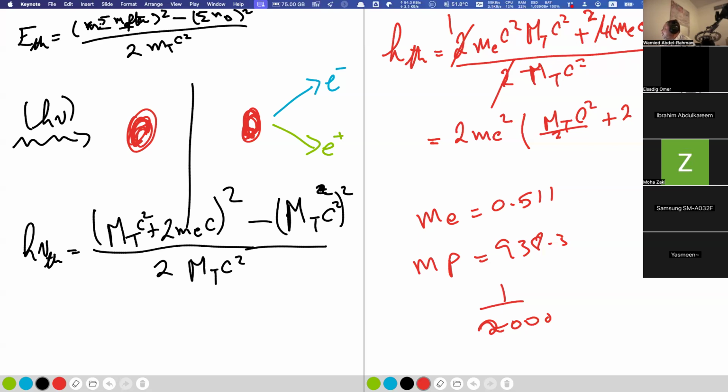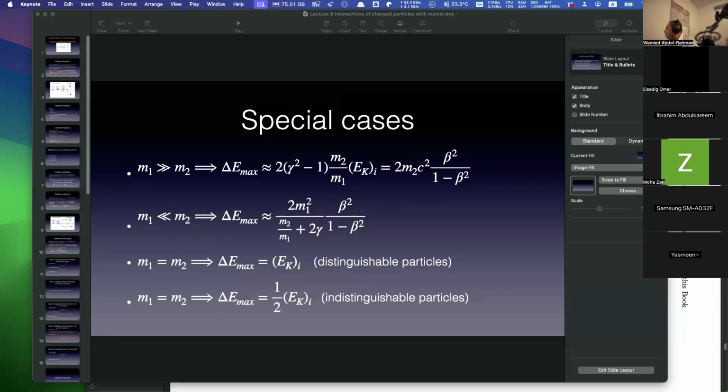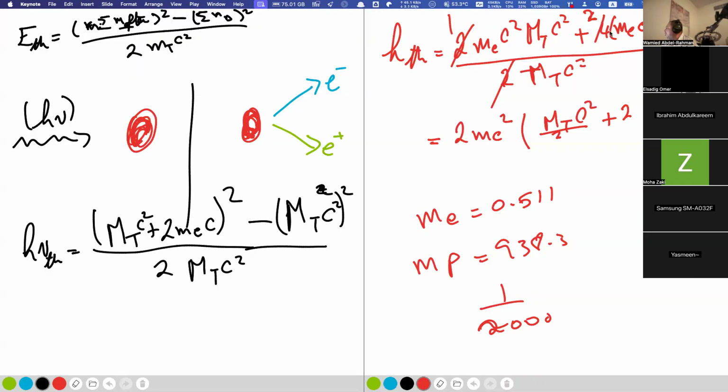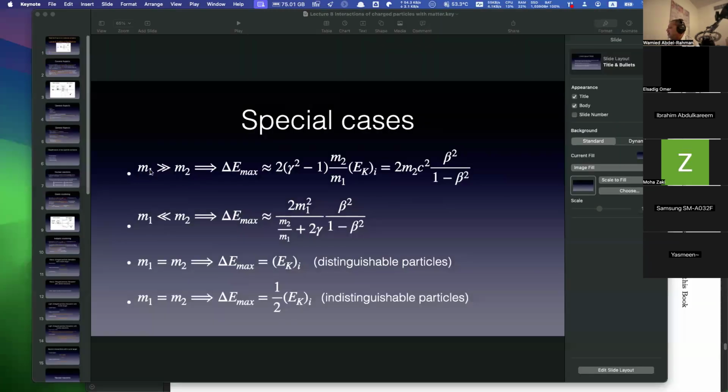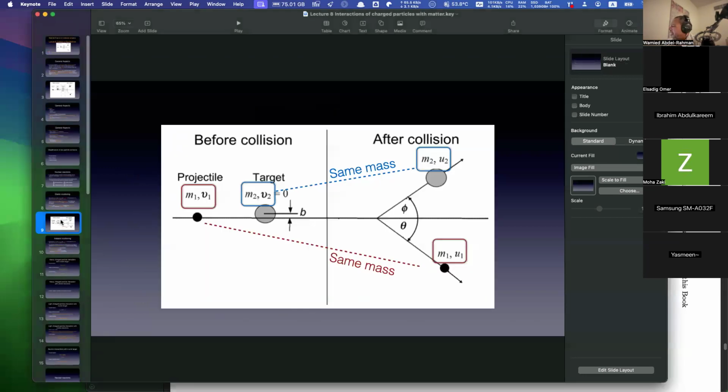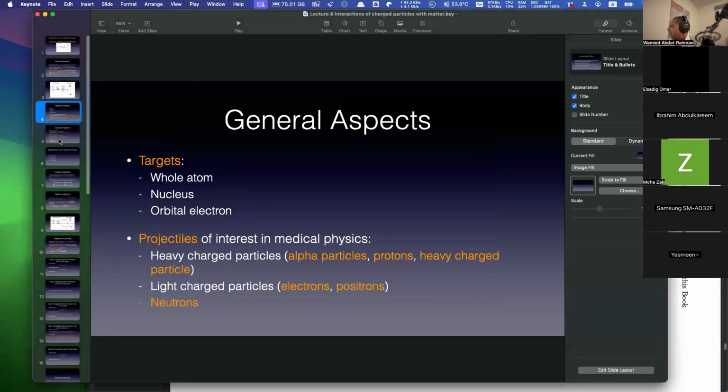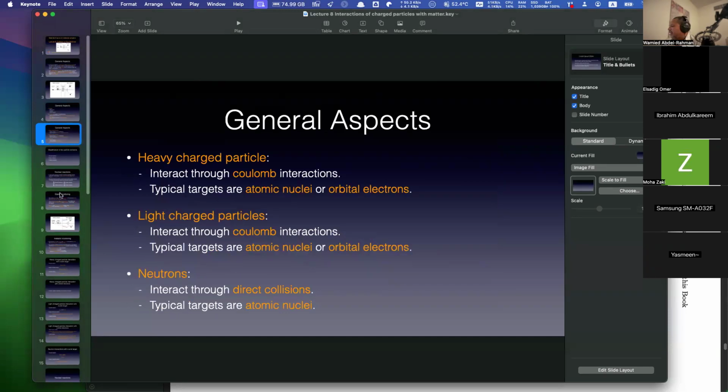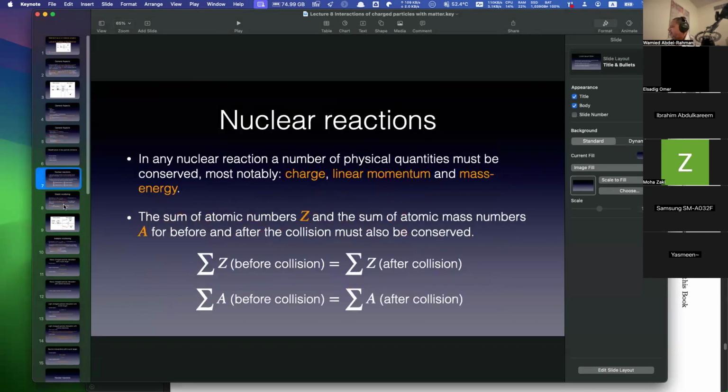There is a factor of 2 that I'm missing. It's not working out. Anyway, yeah, there is a factor of 2. I don't know why there is a factor of 2 missing in the formula. But anyway, are there any questions?